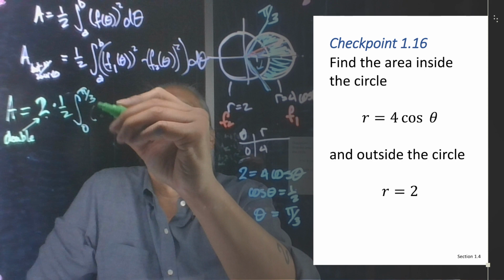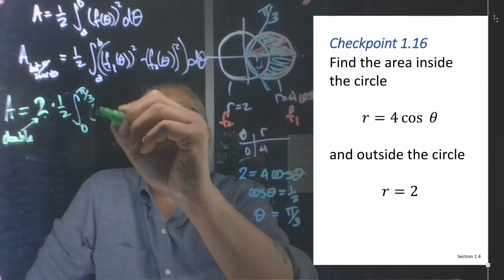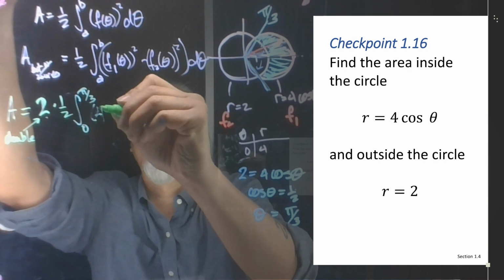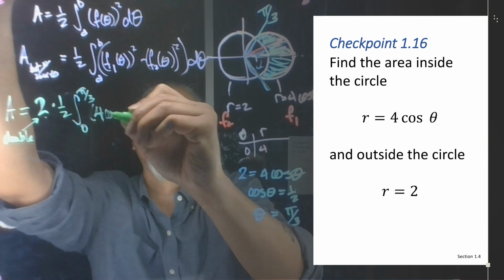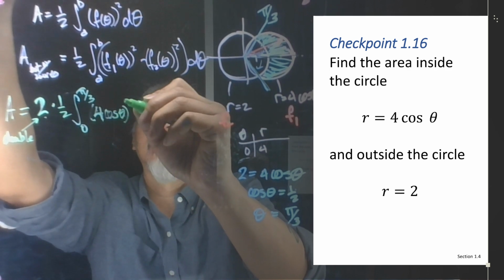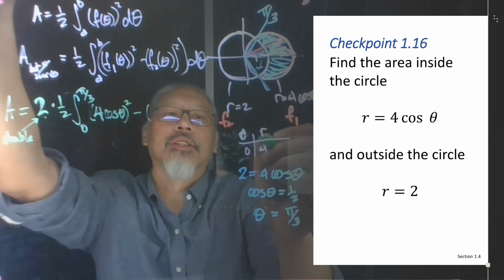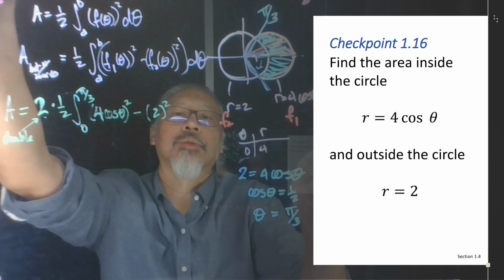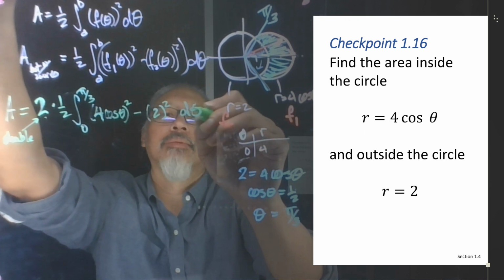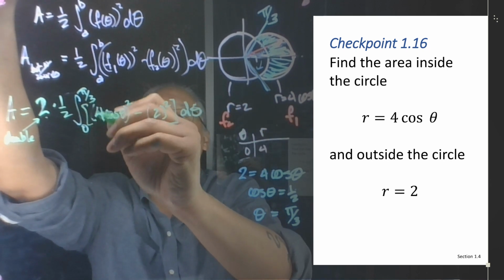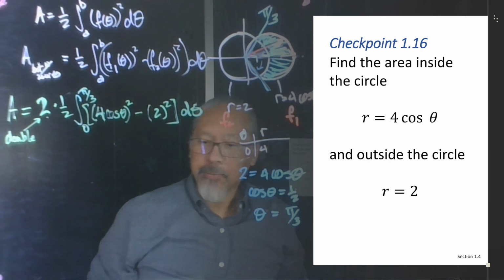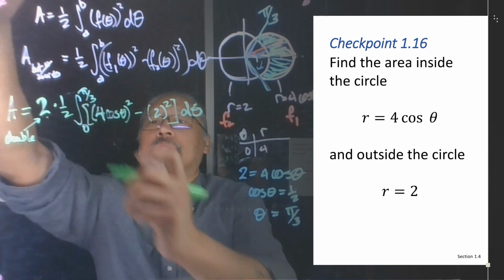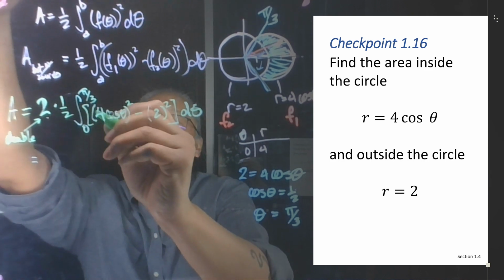The big function is 4 cosine theta, and we'll square that. And the smaller function is 2. We'll square that, and then d theta.